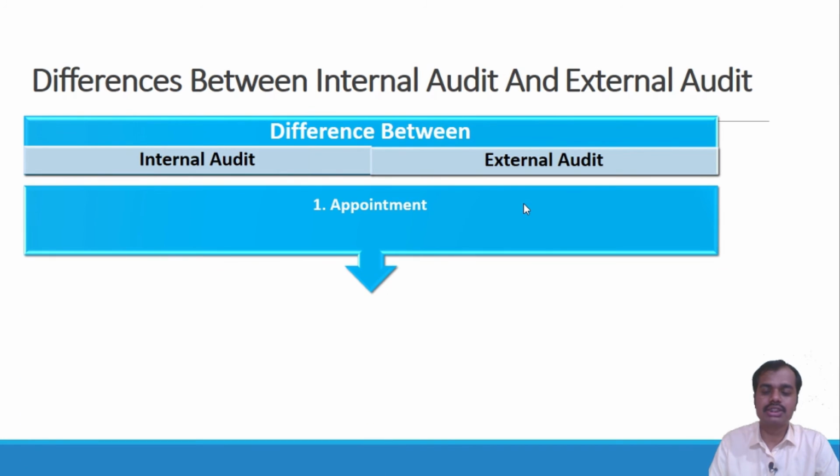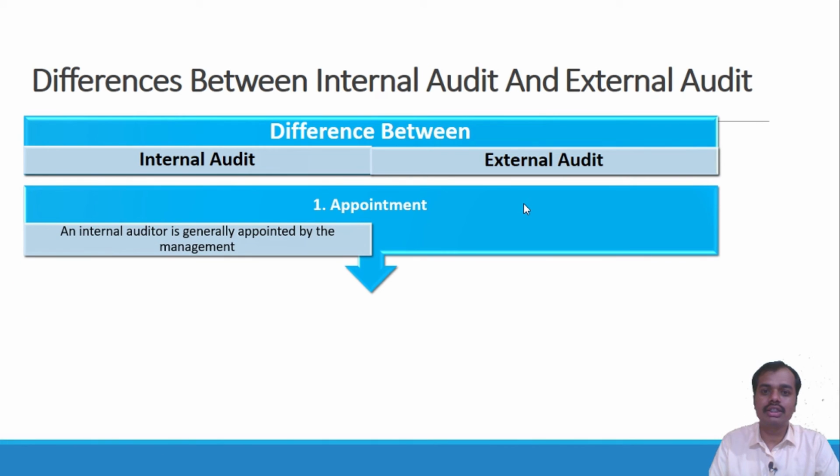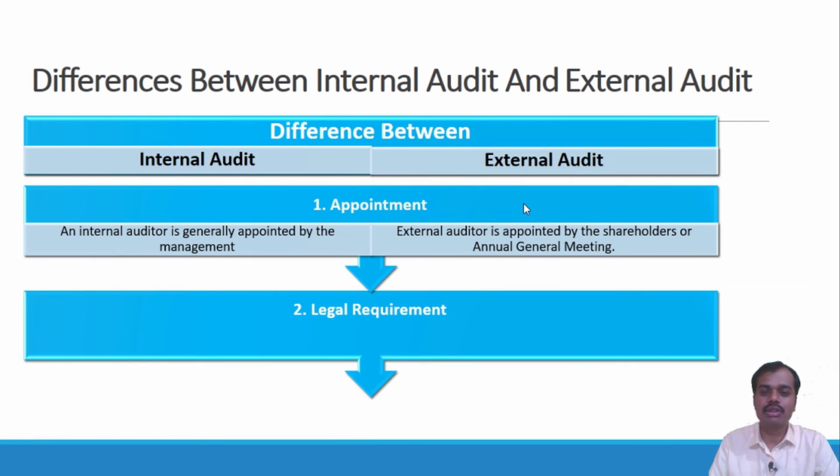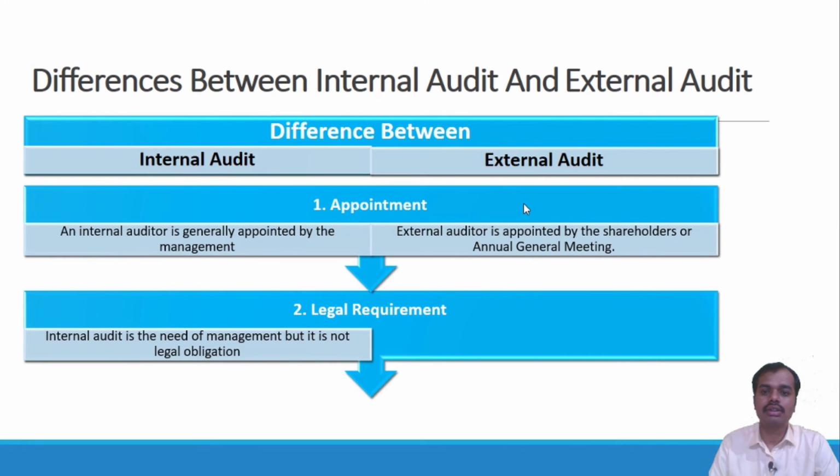The first basis of difference is appointment. An internal auditor is generally appointed by the management, but external auditor is appointed by the shareholders in annual general meeting. The second basis of difference is legal requirement. Internal audit is the need of management, but it is not legal obligation.